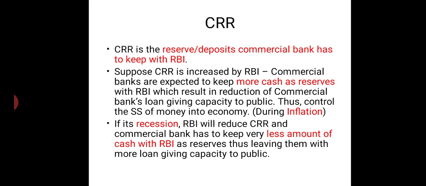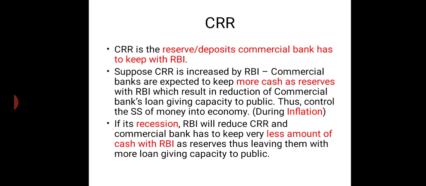CRR is increased from 4% to 10%. Now the commercial bank has to keep 10% of their total deposits as reserves, as cash. So when they increase their reserves, it will reduce their loan-giving capacity to the public. Thus it will help in controlling the money supply in the economy.